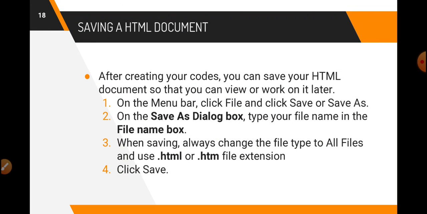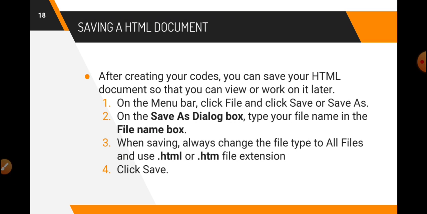After creating your codes, you can save your HTML document so that you can view or work on it later. This is the step-by-step procedure on how you can save. We have the menu bar, click File and Save or Save As. Once the Save As dialog box appears on our screen, you'll have to key in, or type, the file name.